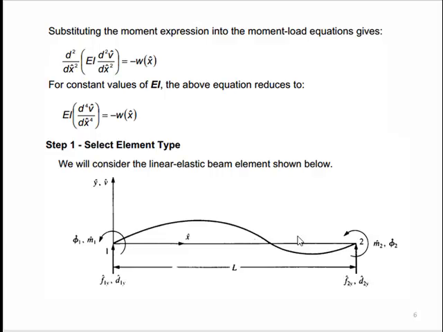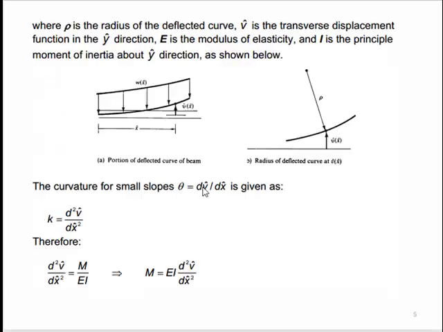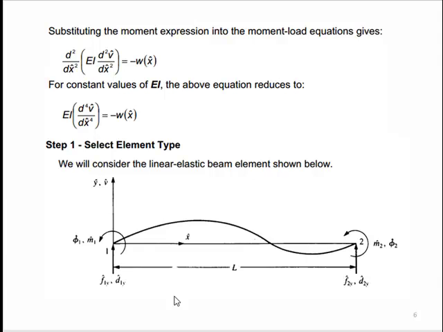All right, so now we go back to this slide. M is equal to EI d2v by dx2. And if we substitute the moment expression into the moment load equation, we get this form of the equation.